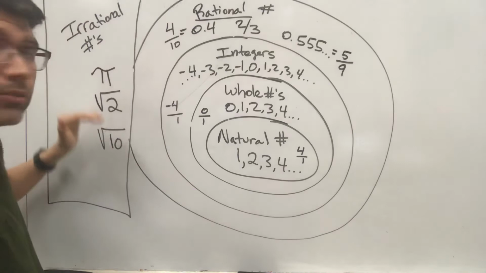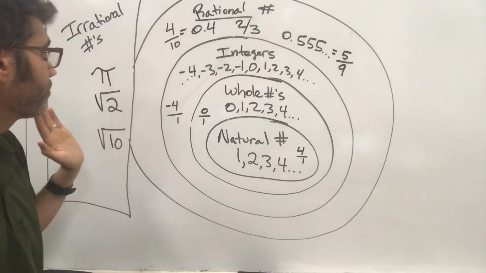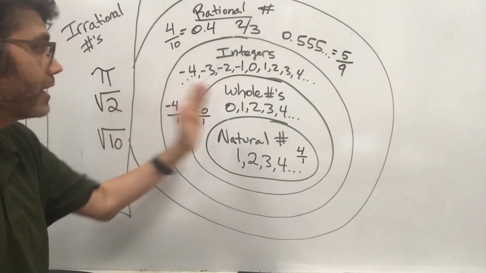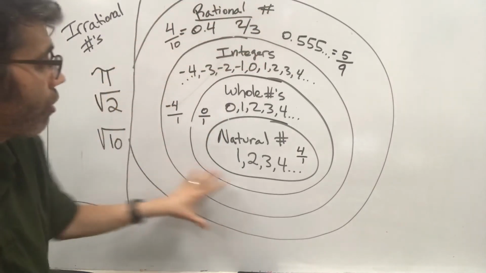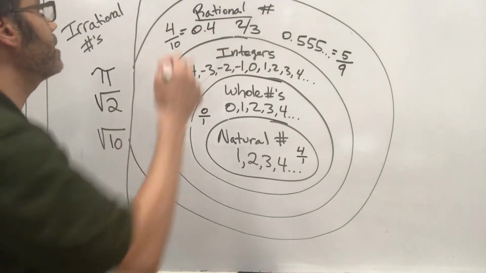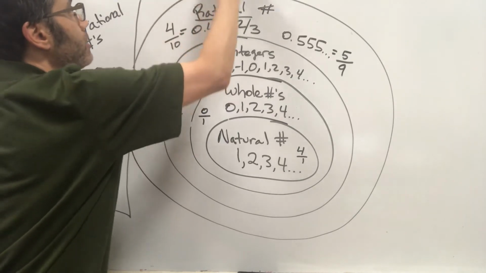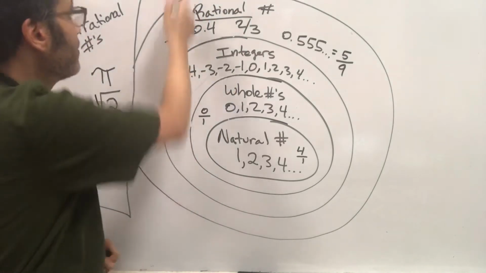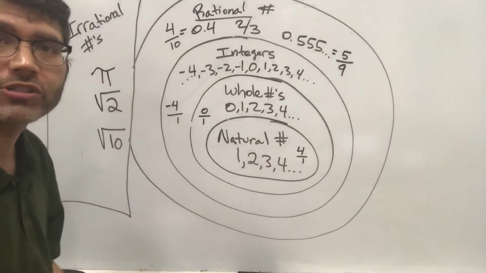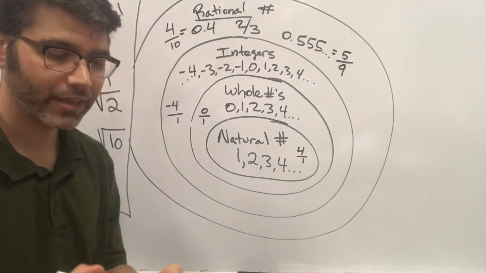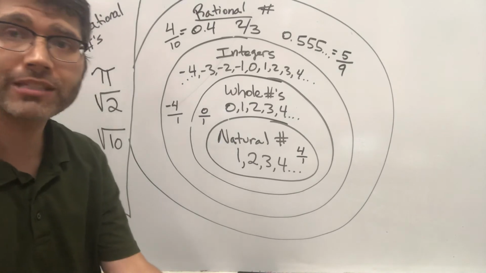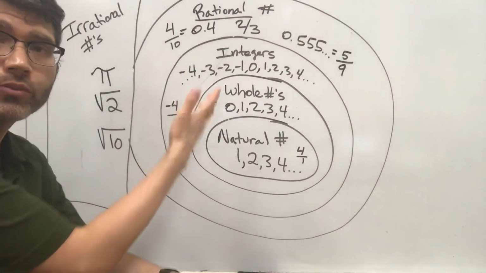These are just some examples of irrational numbers, and there's an infinite amount of irrational numbers. But I just wanted to let you know that when you add in all of these rational numbers plus all these irrational numbers, we come up with a complete real number system. Oh, I wrote that off so you can't see it. But anyway, these two put together are known as the real number system. And I'll give you some questions on trying to categorize these different numbers within the real number system.